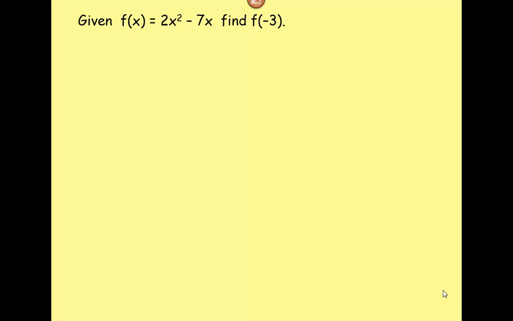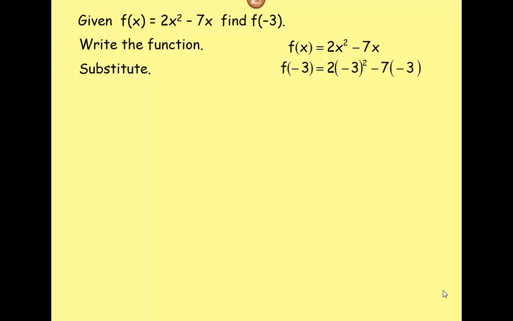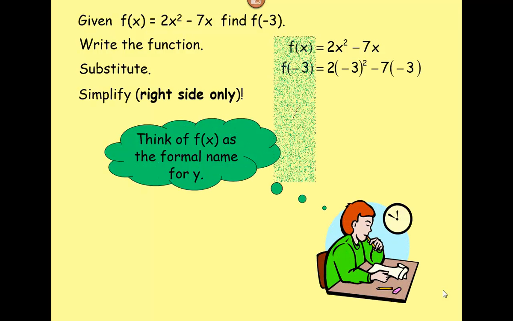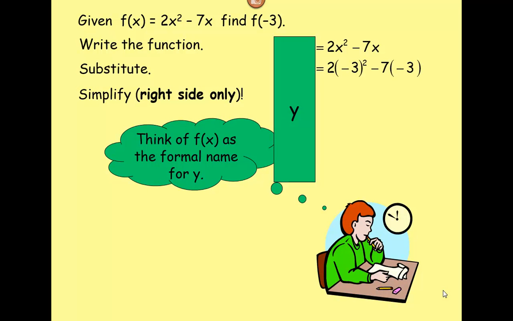Let's look at another example. In this one we have 2x squared minus 7x. So I'm going to do the same thing. I'm going to write the function. Everywhere I see an x, I'm going to take it away and put parentheses. And then I'm going to plug negative 3 into those parentheses. The left-hand side is my y. And the right-hand side can be simplified step by step using order of operations.